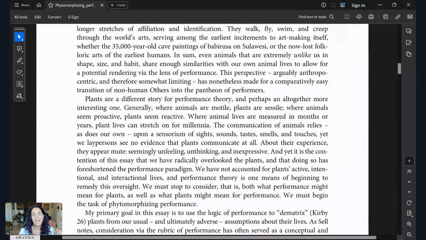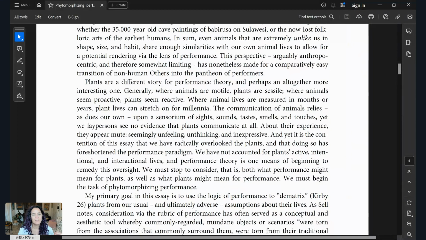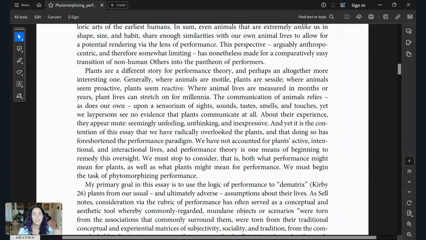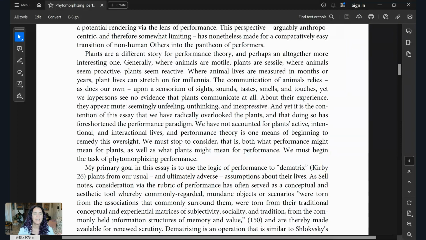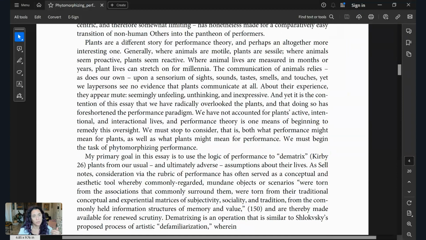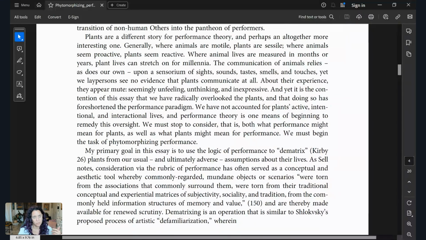In sum, even animals that are extremely unlike us in shape, size, and habit share enough similarities with our own animal lives to allow for a potential rendering via the lens of performance. This perspective, arguably anthropocentric and therefore somewhat limiting, has nonetheless made for a comparatively easy transition of non-human others into the pantheon of performers. Very direct, very easy to follow.